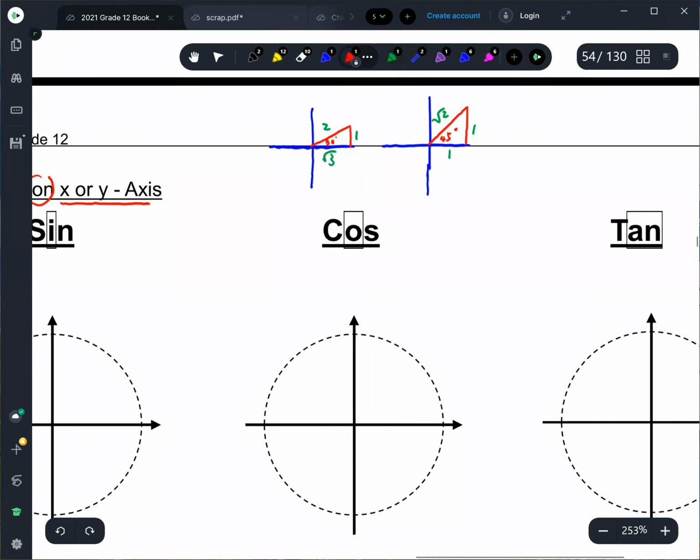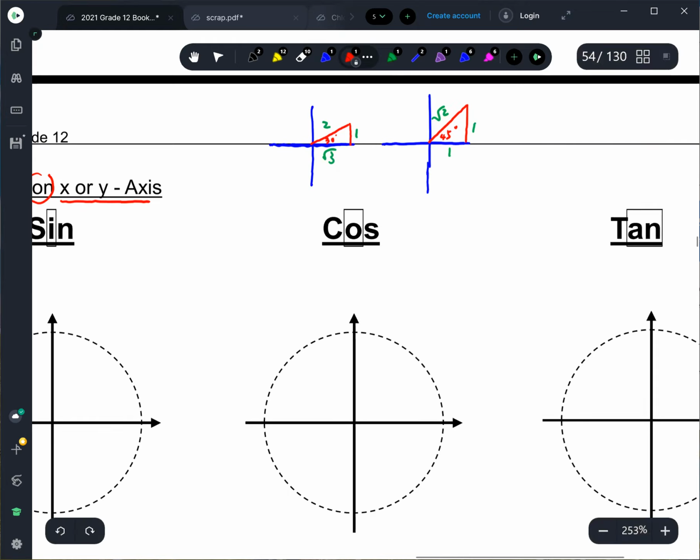Well, from the picture here, the one on the 45 degrees looks longer than the one on the 30 degrees. The reason for that is because the hypotenuse is different.